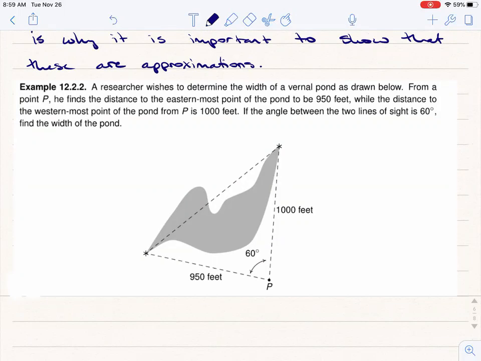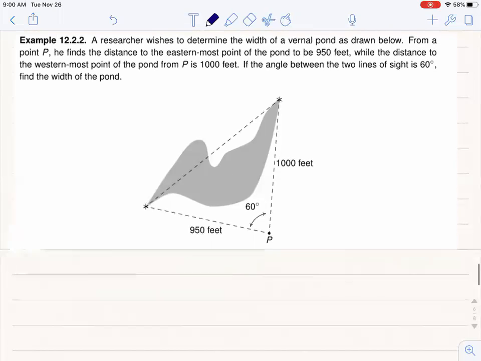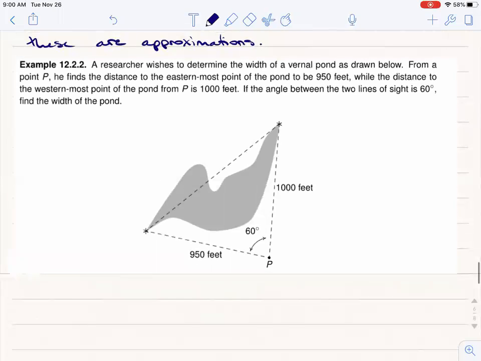From point P, he finds the distance to the easternmost point on the pond to be 950 feet, while the distance to the westernmost point of the pond from P is 1,000 feet. If the angle between the two lines of sight is 60 degrees, find the width of the pond. Of course, if you know two sides and an angle, we have to use the law of cosines. But besides that, it's not really that bad, because what do we want to solve for?